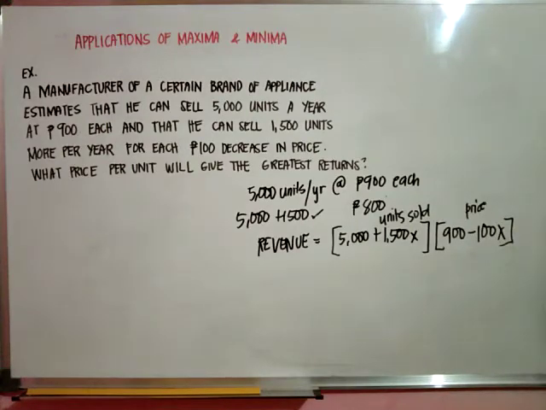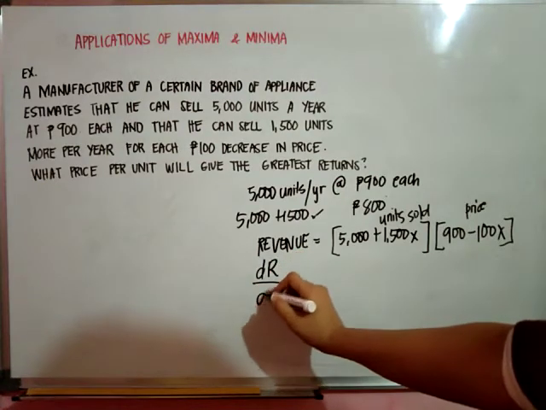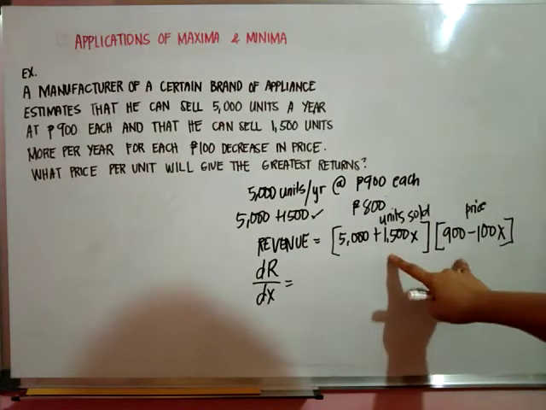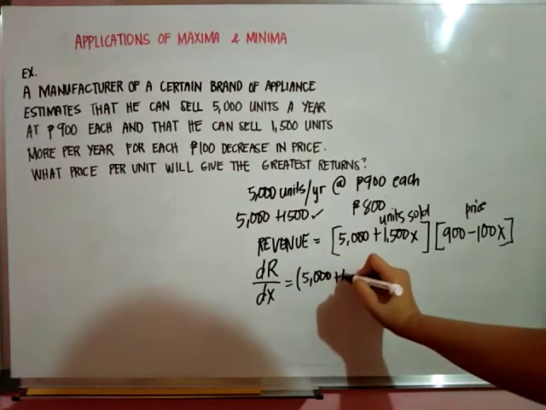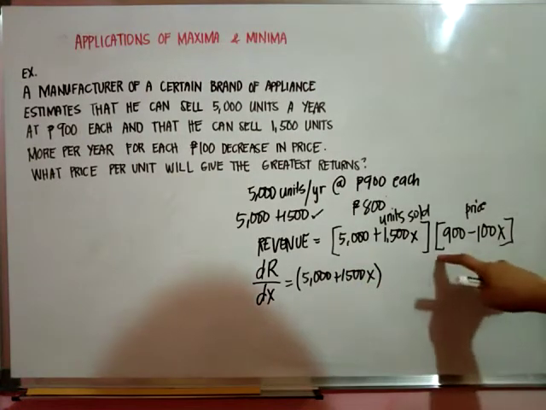So now we can differentiate, we can solve for the first derivative. So we have the derivative of the revenue with respect to x. So we will apply the product rule. So let us copy 5,000 plus 1,500x. So what is the derivative of this term?